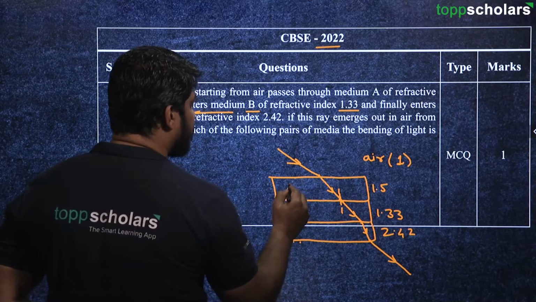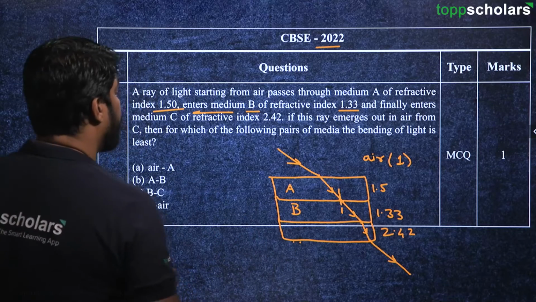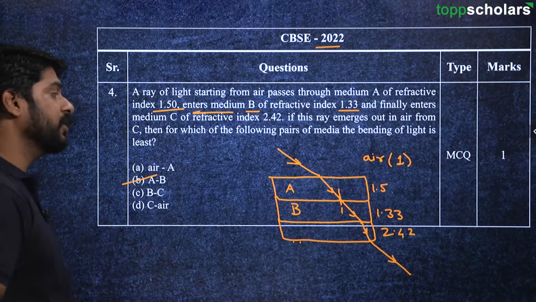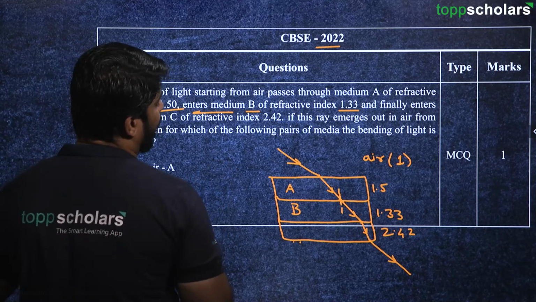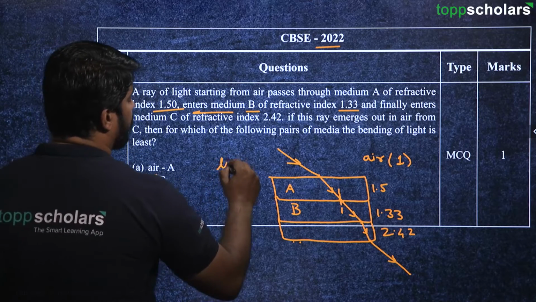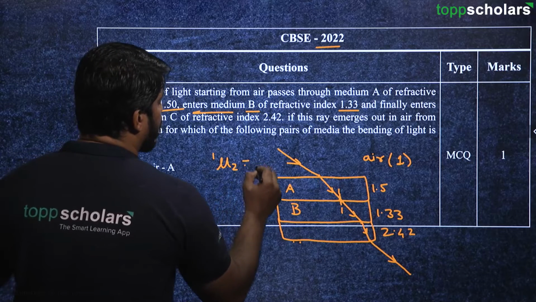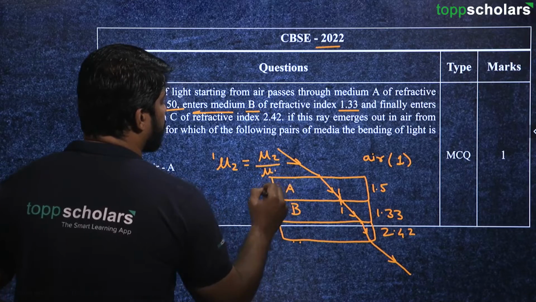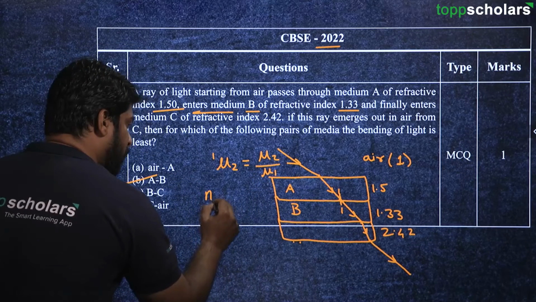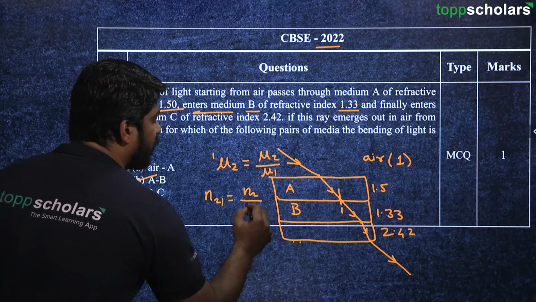That means this is medium A, this is medium B. So for medium A to B, the bending has to be less because of the relative refractive index. Generally it is denoted like this, mu21, that is mu2 upon mu1, or in some books n21, that means n2 upon n1.